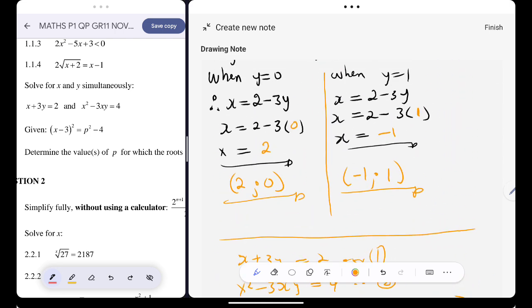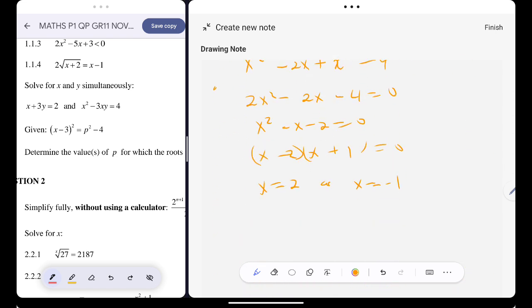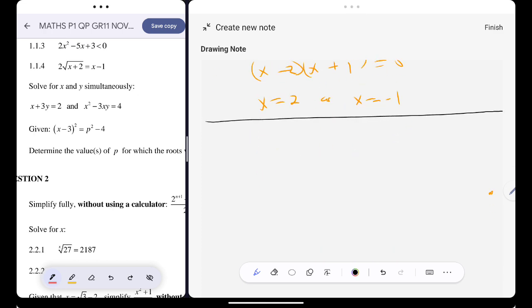Even there at the top, I got my x to be 2 and negative 1. And then I'll move further to find the y value. Okay. Let's go to the following question. I was just showing you another way you could have done that simultaneous equation.